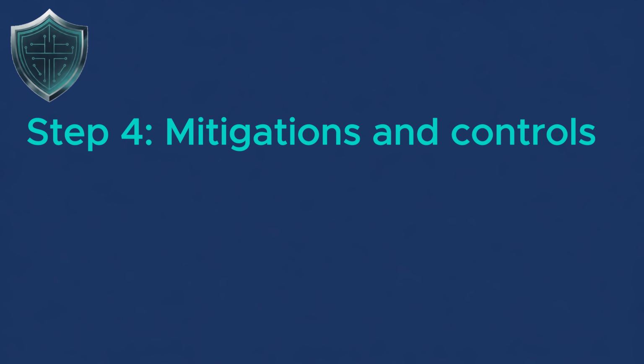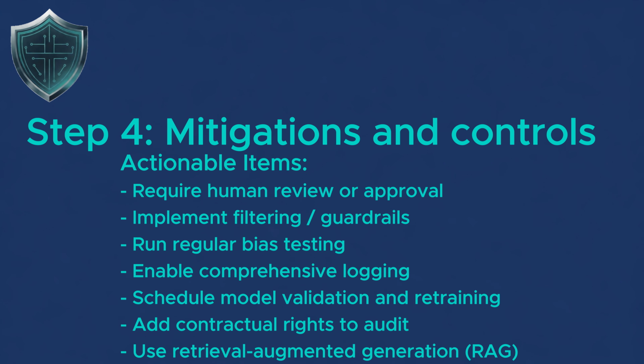Step 4. Document mitigations and controls. This is where most assessments fall short. They identify risks but don't show how to reduce them. For every risk above a certain threshold, list concrete, actionable controls such as require human review or approval before high-impact decisions. Implement input and output filtering/guardrails.